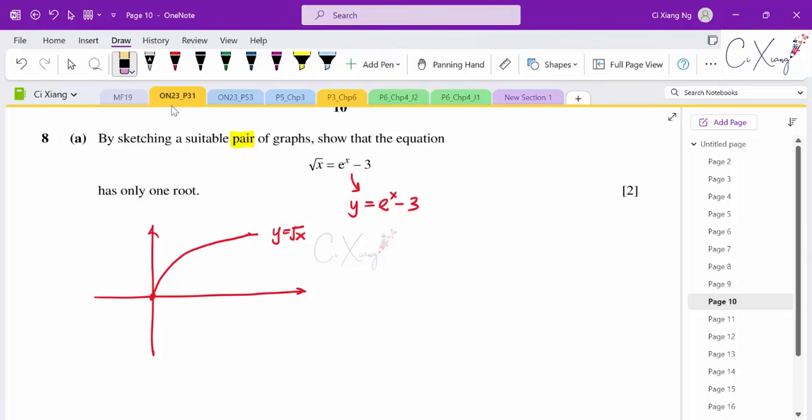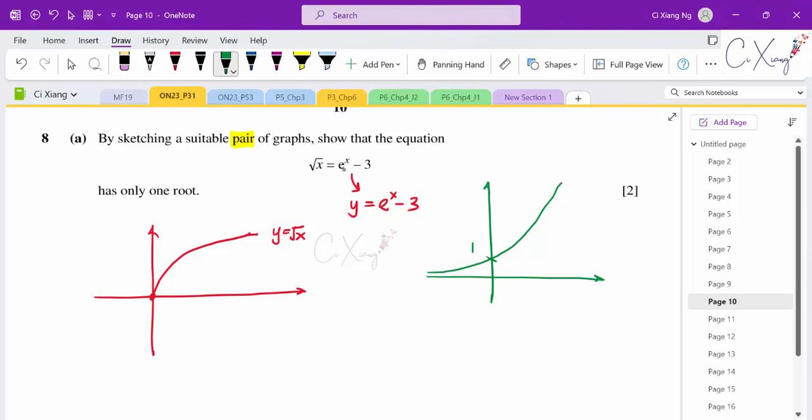Now for the other equation that we need to draw, e power x minus 3, maybe you can try to imagine first the original graph for e power x. Sorry, y equals to 0 is the asymptote. So the graph will get closer and closer to the x-axis as x goes to negative infinity, but it will not touch the x-axis. Then it will always pass through 1 as the y-intercept.